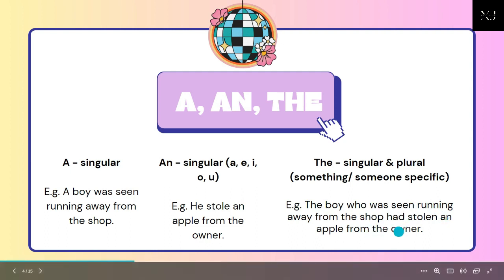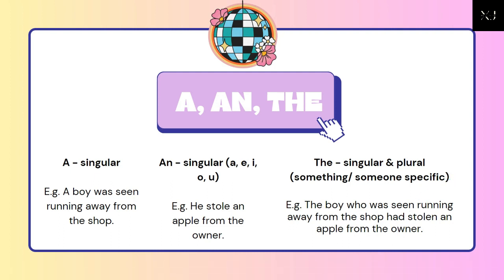From the owner. You see, the shop and the owner, they are specific things. We know what that shop is and who the owner is. So we use the. Just remember, a and an are singular, used for things that are not specific. The can be used for both singular and plural, and it is for something that is specific.